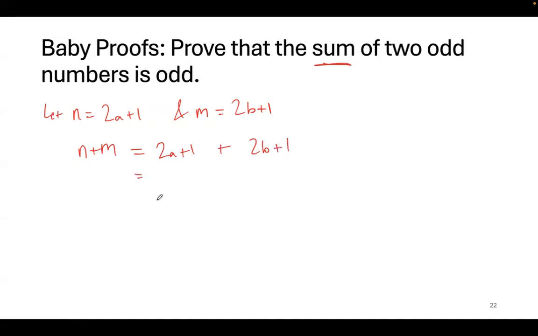We can simplify this, right? So 2a plus 2b plus 2. What do we know about this? Yeah, we can factor out a 2. They've all got 2's in here. 2 times a plus b plus 1.